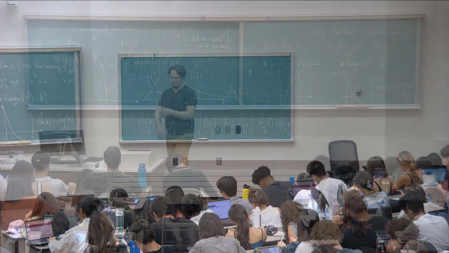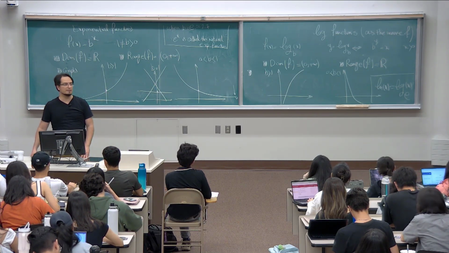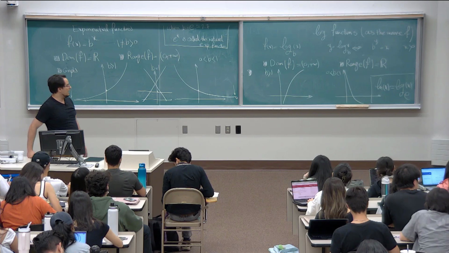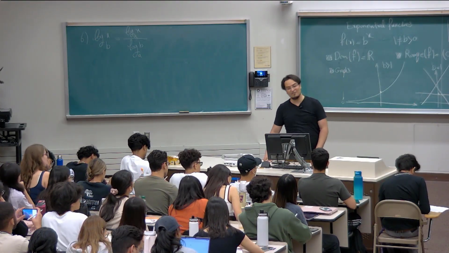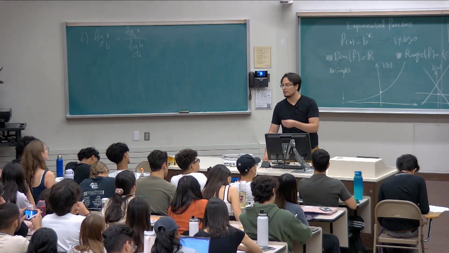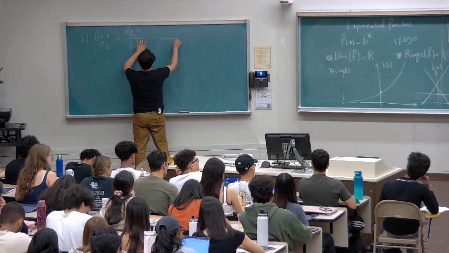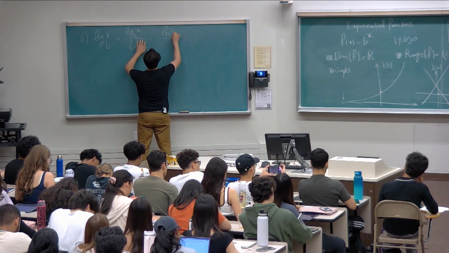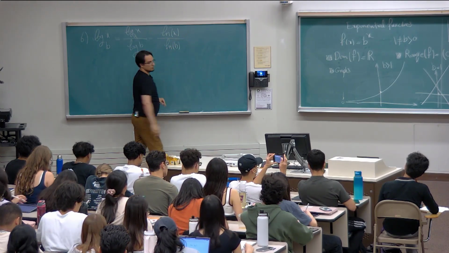This is the standard convention, that you don't need to write log base e of x. You just write ln of x. And you can see that I can change this a little bit more. That's also true.